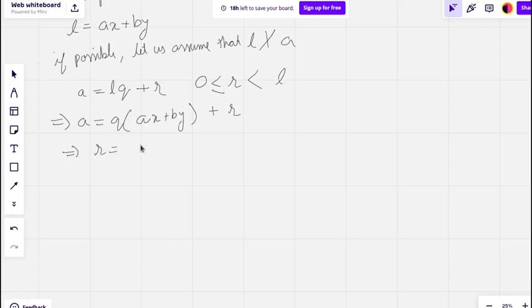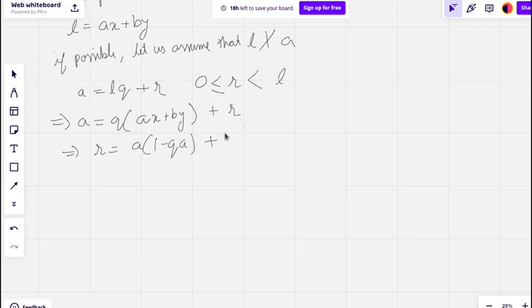Now let us represent R in the form of A and B. So R is basically equal to A minus QL, so A times (1 minus QX), and minus BQY. Okay, let me just write it down. Sorry about this.